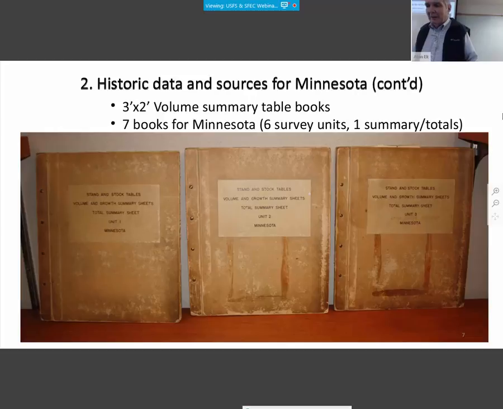Brian's going to the eye doctor pretty soon just to deal with the stress of that effort. But Brian and Merrill Flannery did much of that compilation into spreadsheets, which gave us an opportunity then to check the work not only against the original books, as we call them, the stand and stock tables, but also against the 1938 Economics Notes 9 paper.